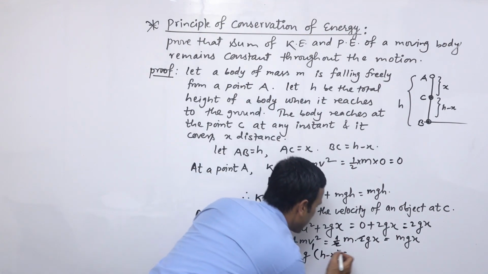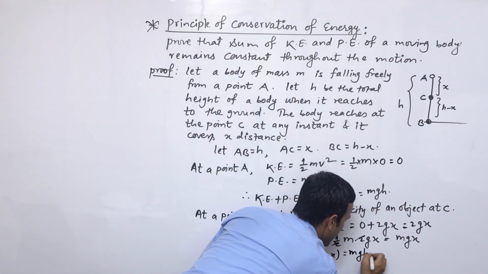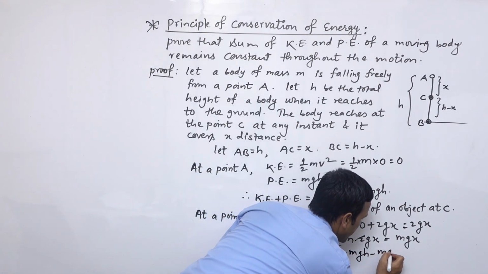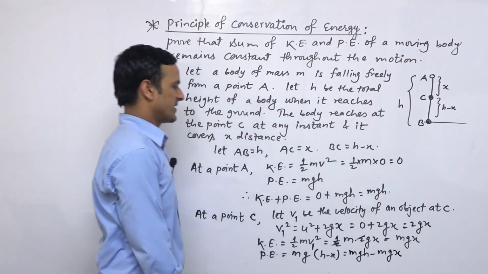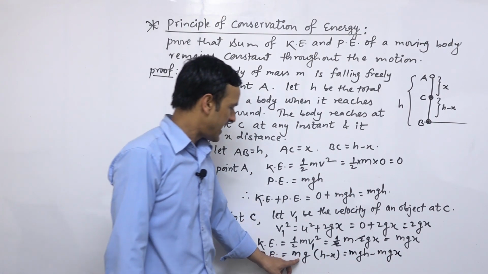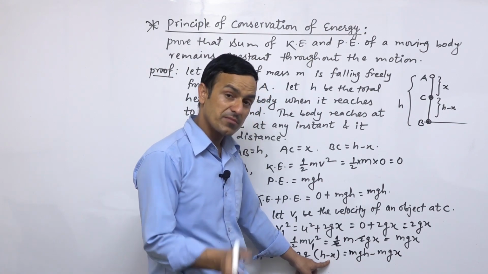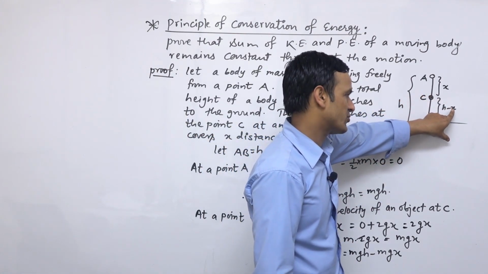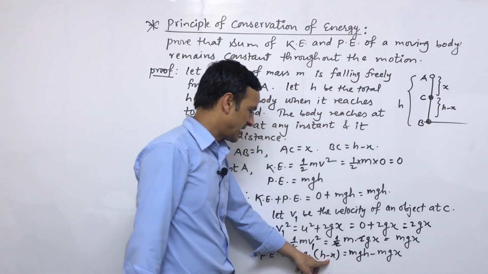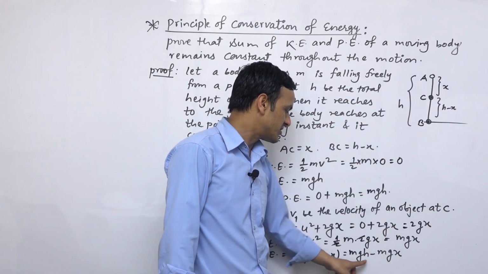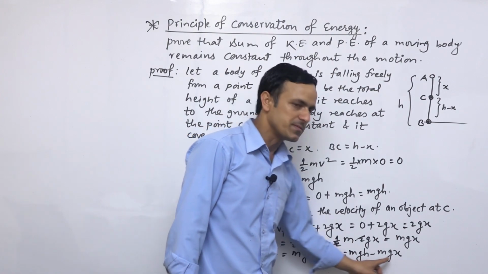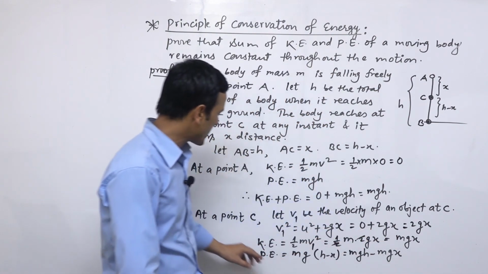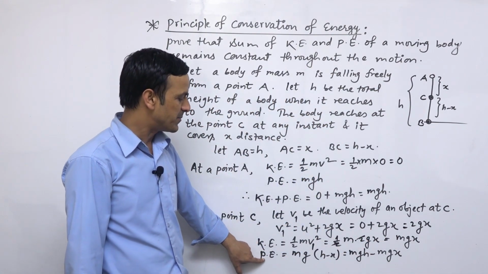If you multiply this, mgh minus mgx. The height from the ground is h minus x distance from the ground, that's why I wrote this. So if you multiply this and this, you will get this one. So in this way we can find out ke and pe.